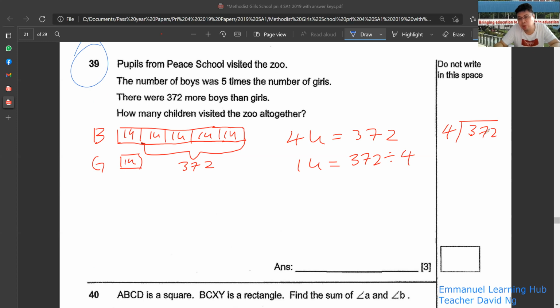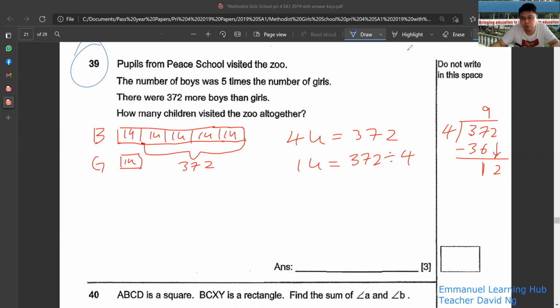What number times 4 give you 37? Not 7. Yeah, your multiplication timetable is the problem. 9. 9 times 4 give you 36. Remainder 1. Bring down 12.